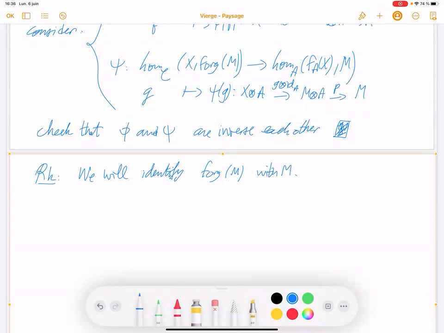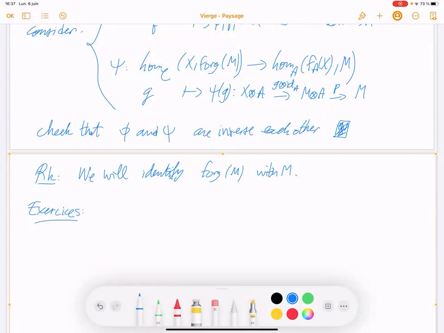Okay. So let me state three exercises mentioned in the book. I state them because they may be used later.